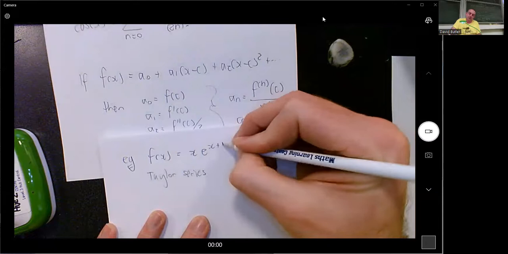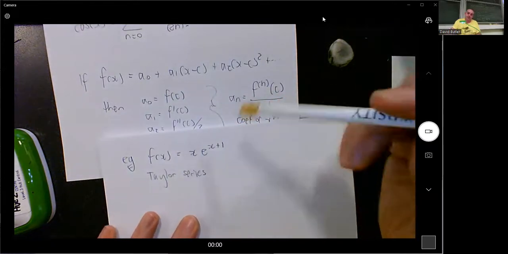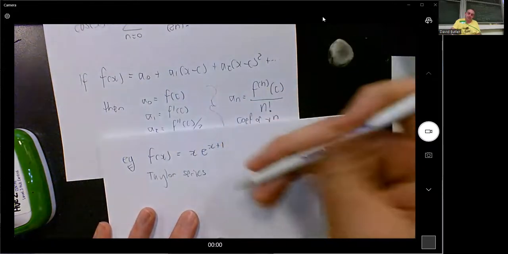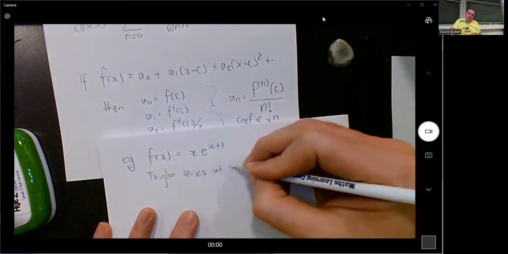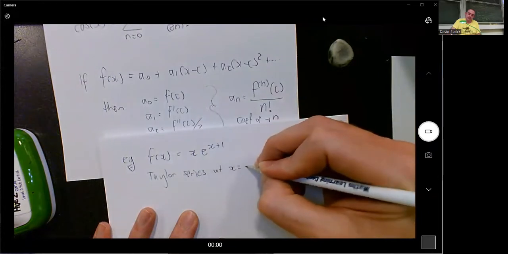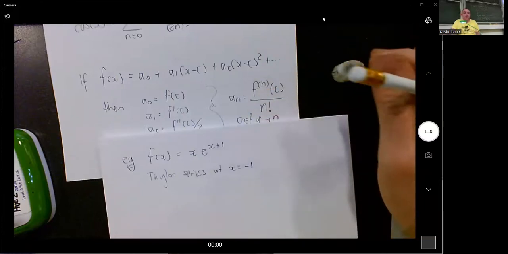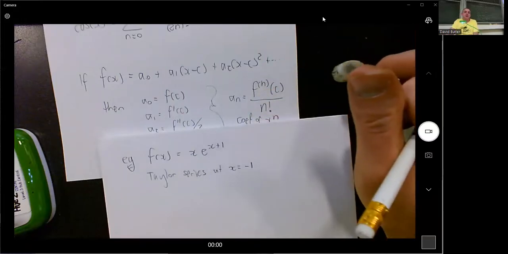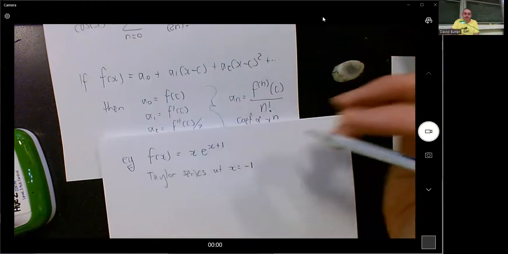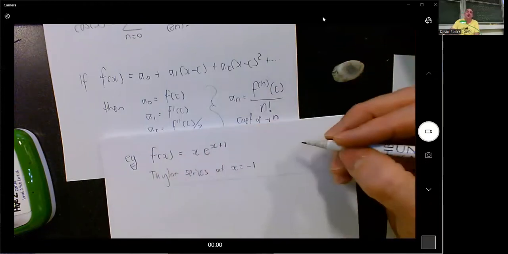So I'm going to do the Taylor series at x equals minus 1, or at least the first 4 terms.